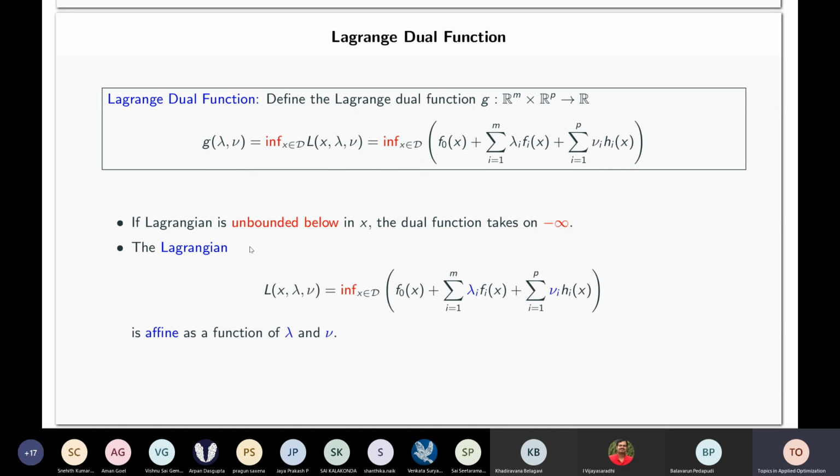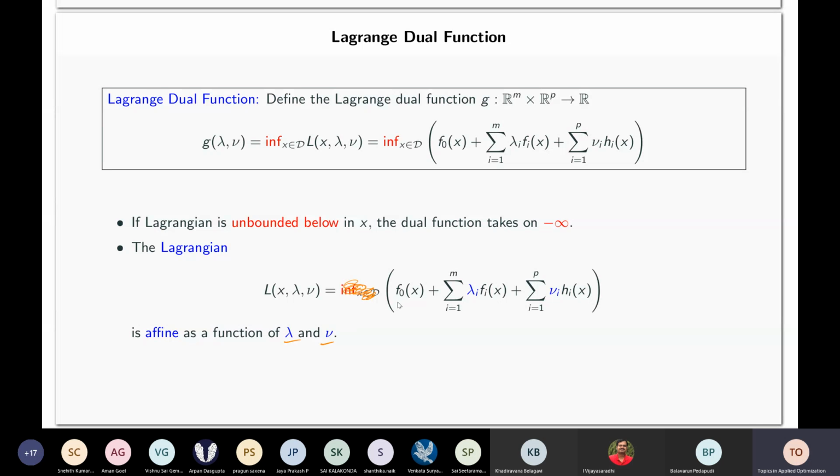The Lagrangian, which is this thing, is affine as a function of lambda and nu.